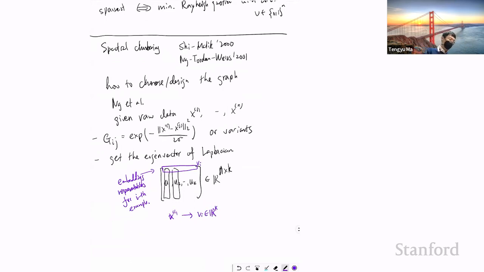And then in the original paper of Andrew's, you do another clustering, say k-means. I guess you've probably heard of k-means. K-means on the representations, to cluster them again.